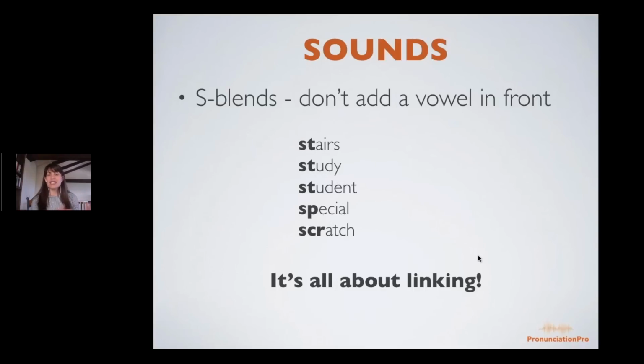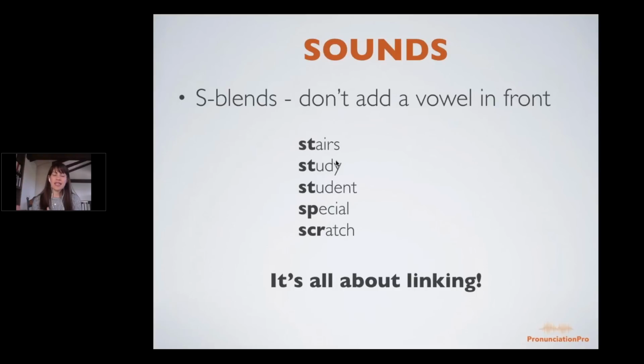And so the tendency is to want to make it sound prettier and flow better. But we have to take that vowel before the S blend. And S blends mean two consonants, an S and then another consonant. So ST, SP, SC, SK, any words that start with those. So we want to make sure it's stairs and not esters.